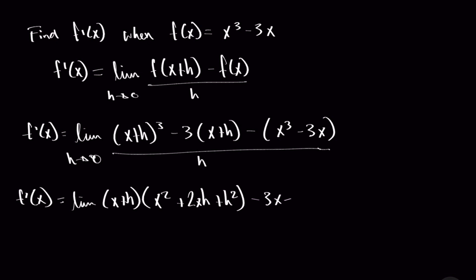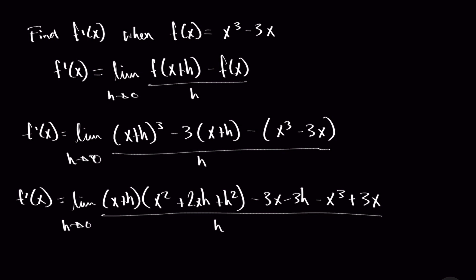We have negative 3x minus 3h minus x cubed minus, or plus 3x rather. We are multiplying a negative there. And that's going to be over h as h approaches 0.